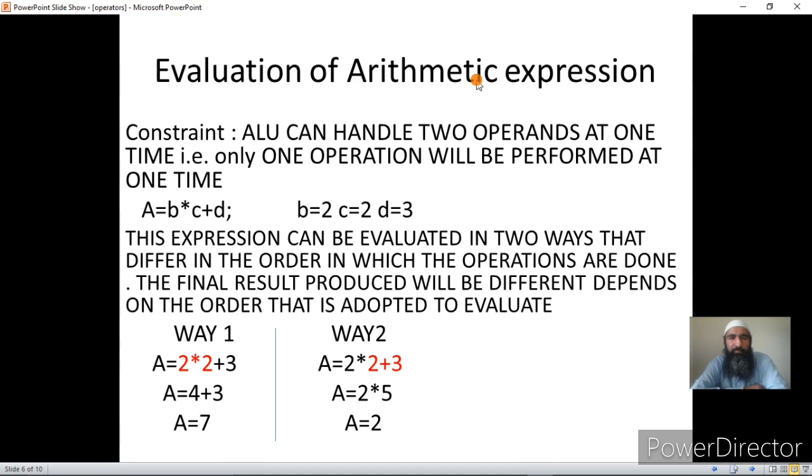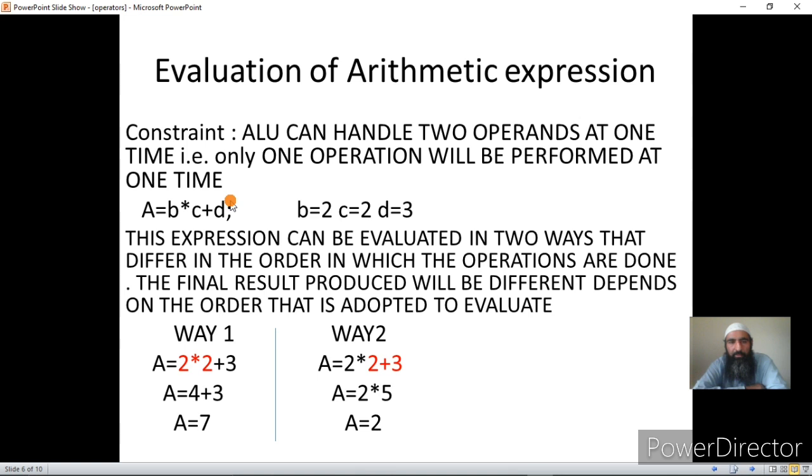Now evaluation of the arithmetic expressions. Once we write an arithmetic expression like this, a is equal to b into c plus d, how will the operations take place? How are we going to predict the result? Can we know the result?